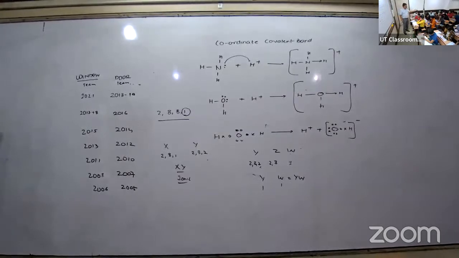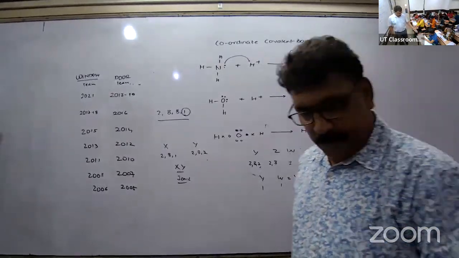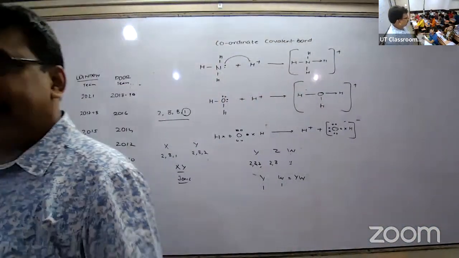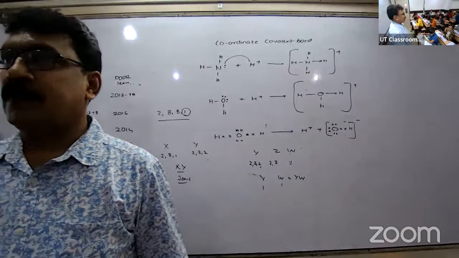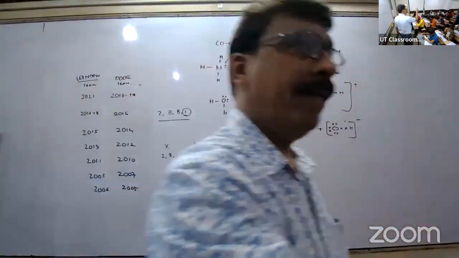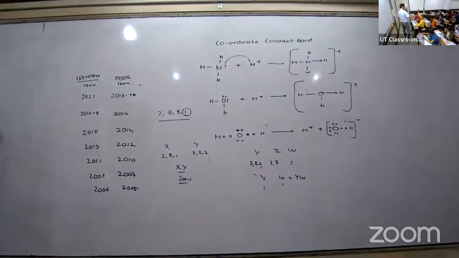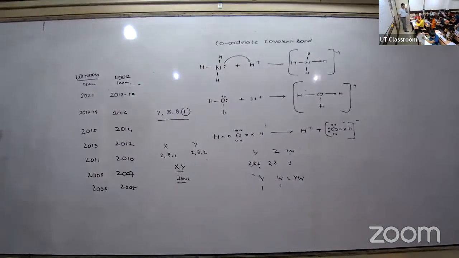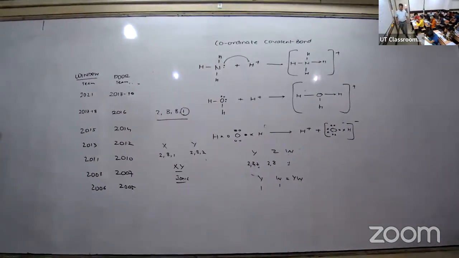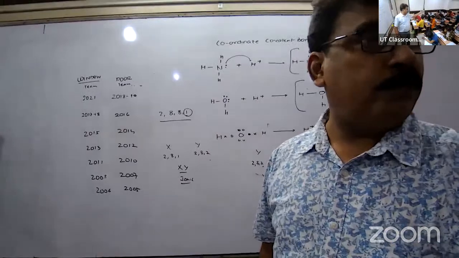क्वेश्चन हो गया आपका? 2016, very good. आपका कितना हुआ? 27. लास्ट में 15, that side. What's the year? 2012, okay.